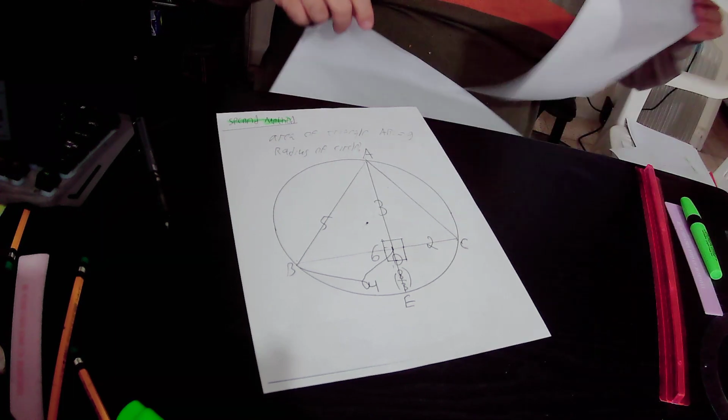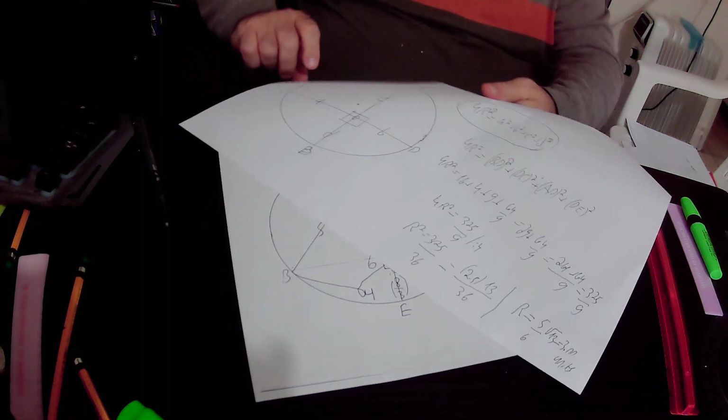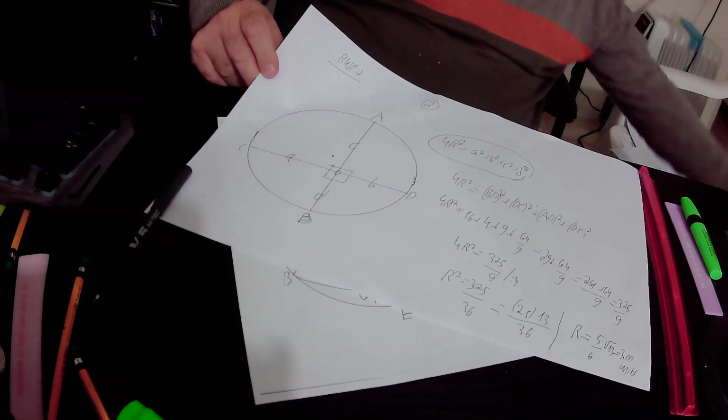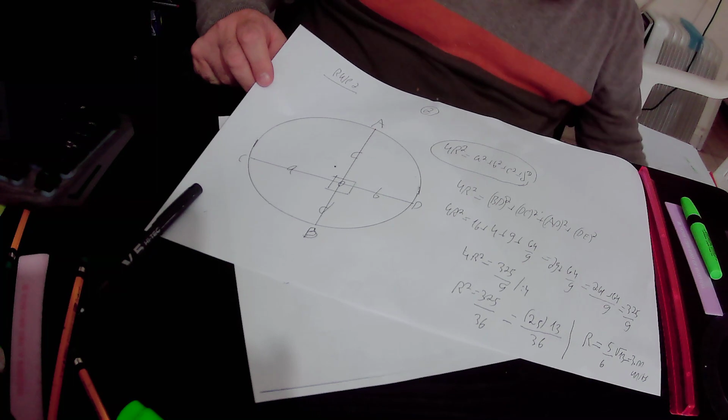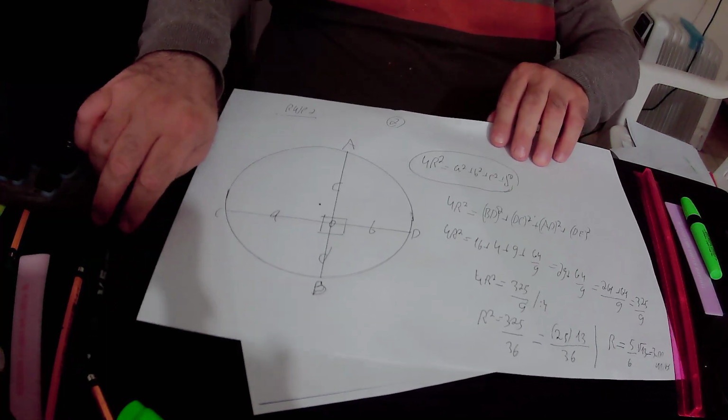Then I presented to you rule number 2, and we implemented rule number 2 in our drawing. Here we have this circle.